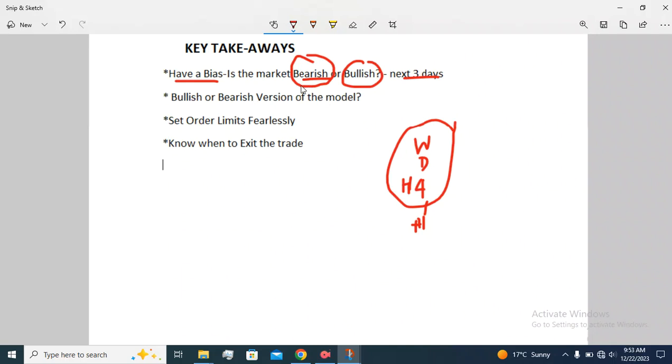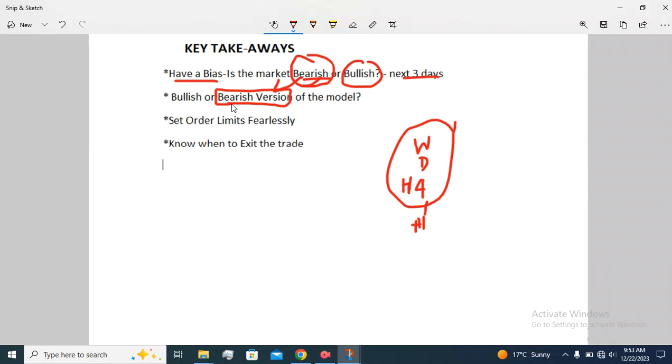So if the market is bearish, then it means for the next 3 days we should be focused on looking at the bearish version of the standard trading model. We should be focused on taking partials or allowing the trade to move to our take profits with the bearish bias of the market.